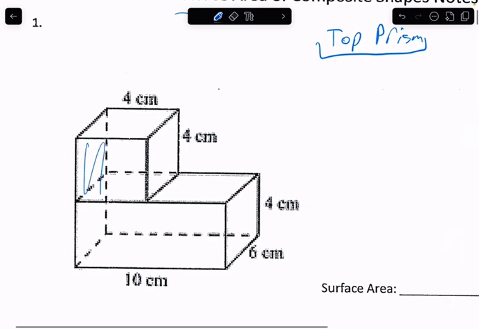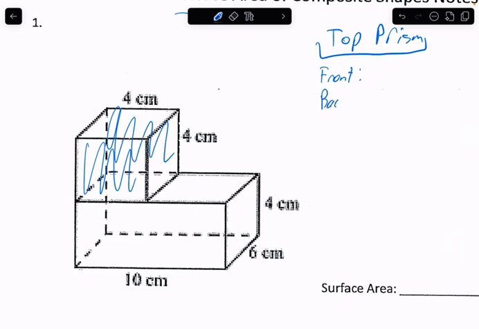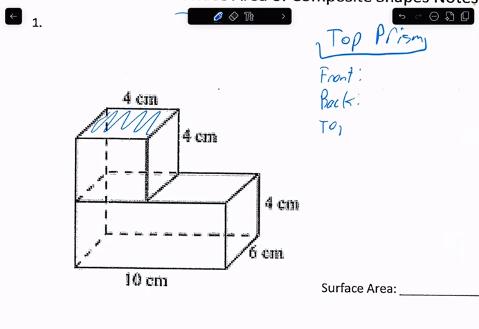So you'll notice that we're going to paint the front. We're going to paint the back. We're going to paint the top. But you'll notice we're not going to paint the bottom, because the bottom is covered up.